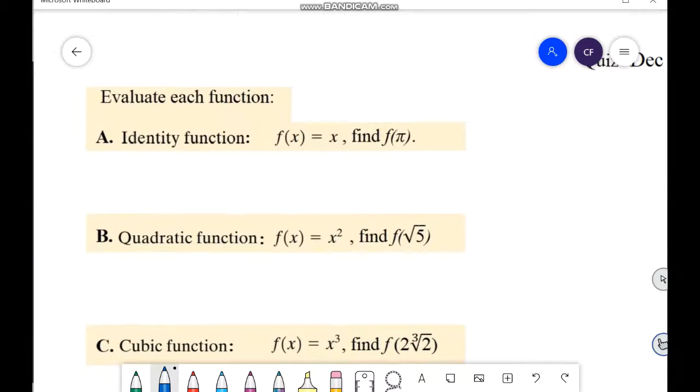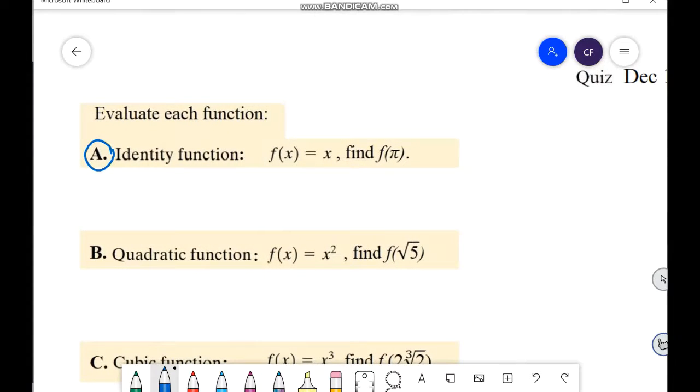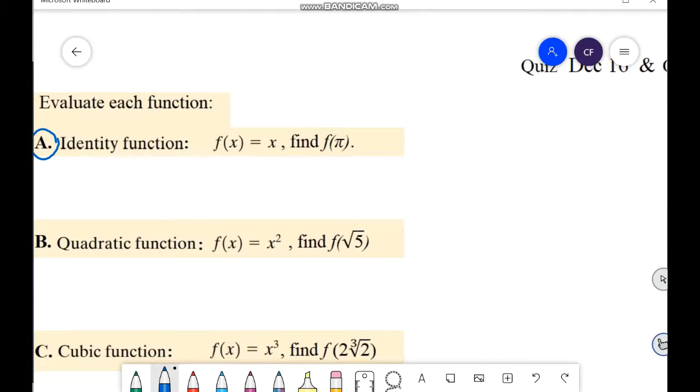Evaluate each function. This is the first part of the quiz. First we have letter A, an identity function. Help me on this one. F of x equals x, right? This is the identity function. Find f of pi. What's going to be f of pi in an identity function?